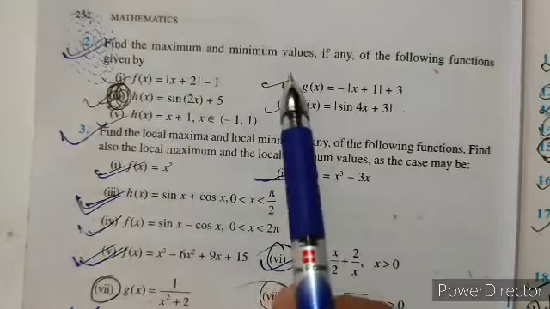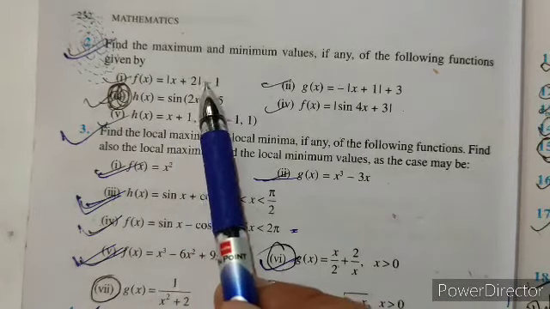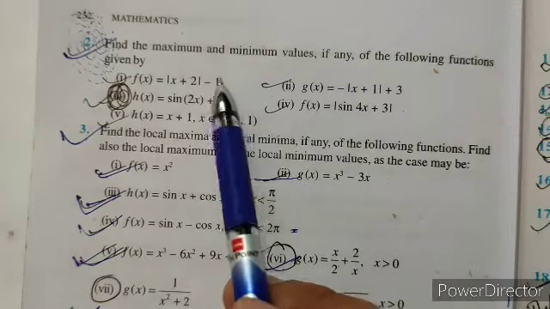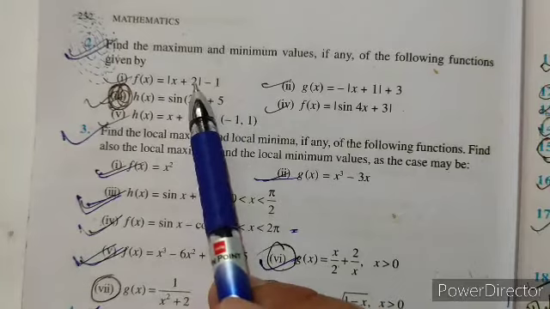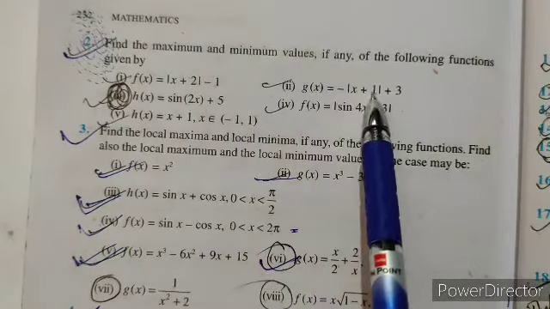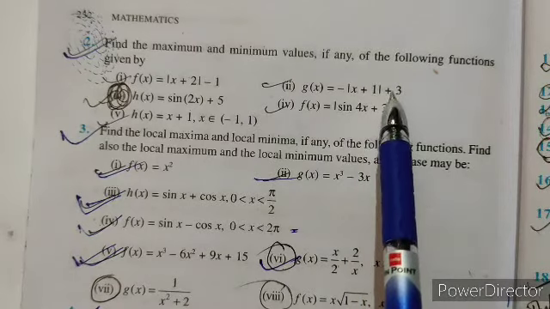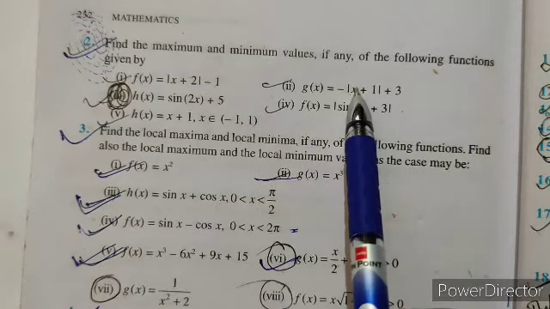Now in first and second part, always keep in mind that mod(x plus 2) will always be greater than or equal to 0. So here the minimum value of the function will be equal to minus 1 on taking x plus 2 equal to 0. And in second part, minus mod(x plus 1) will always be less than or equal to 0. So here we will get the maximum value of the function on putting x equal to minus 1.